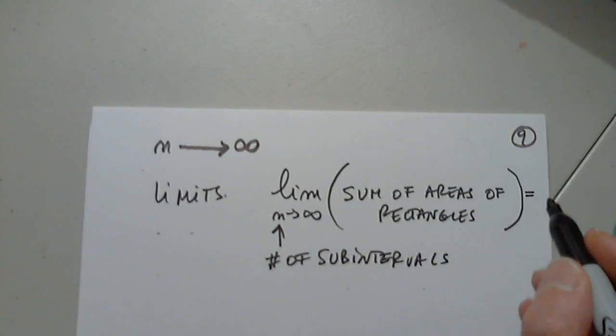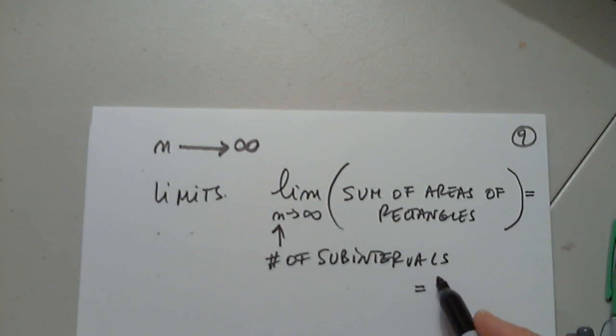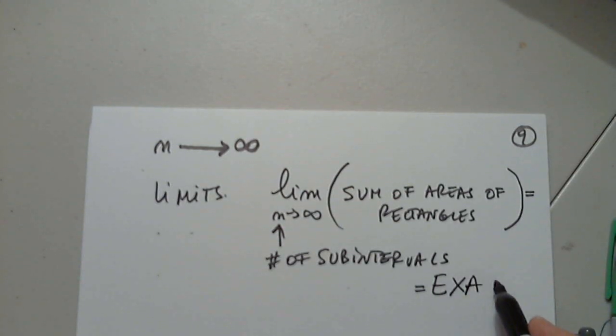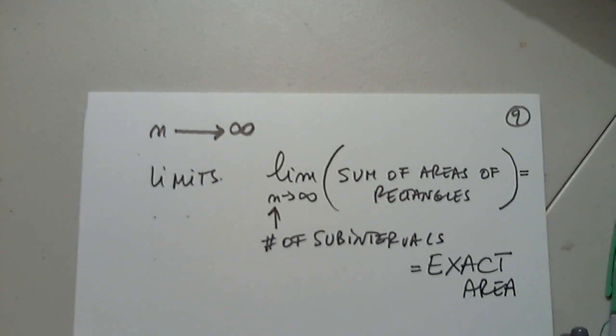What do you think this will equal to? It will be approximately the area, or it will be the exact area? It will be the exact area. The absolute exact area.